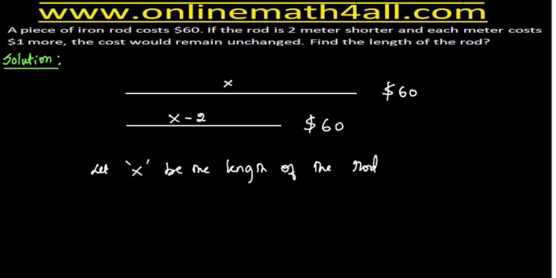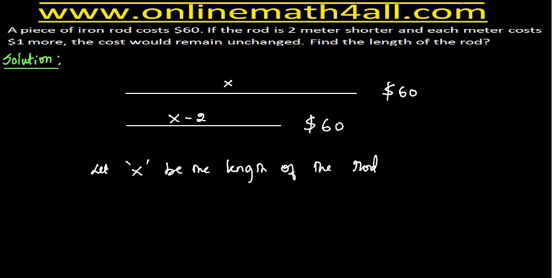So here I subtract 2 from x because the rod is 2 meters shorter. Okay, so now we have assumed the length of the original rod is x. The total cost is $60 and the length of the rod 2 meters shorter is x negative 2, and the cost remains unchanged. So the total cost of the second rod also is $60.